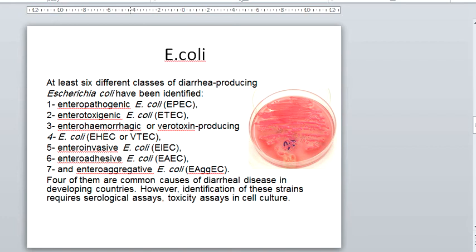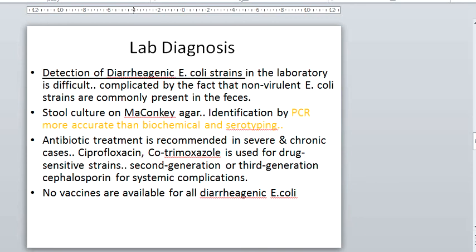Four of them are common causes of diarrheal disease in developing countries. Identification of these strains requires serological and toxicity assays in cell culture. Detection of diarrheagenic Escherichia coli strains in the laboratory is difficult, complicated by the fact that non-virulent Escherichia coli strains are commonly present in the feces.